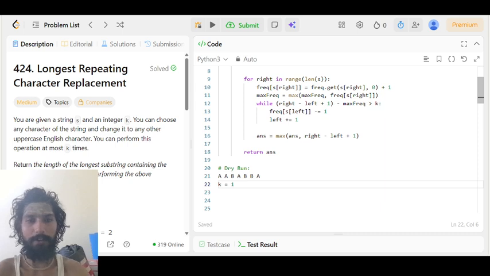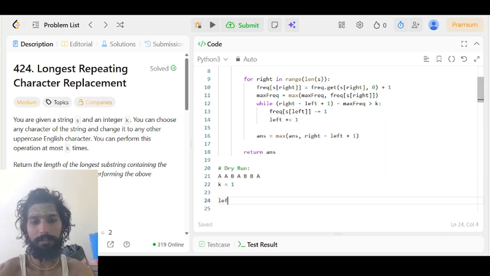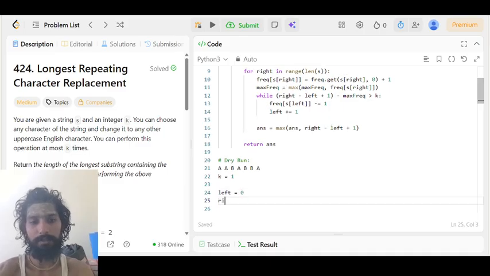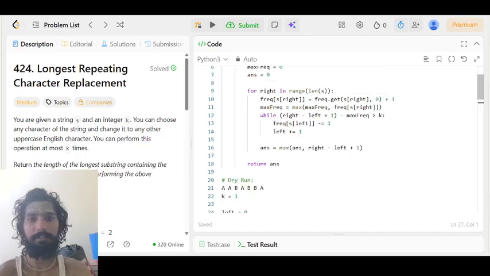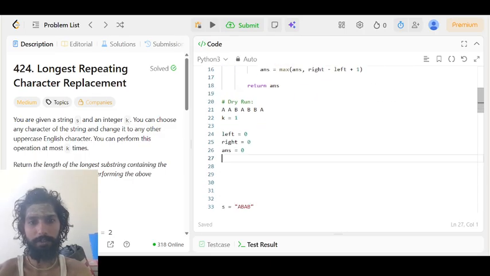So first, our left equals 0, right equals 0, answer equals 0, and the set frequency equals empty.